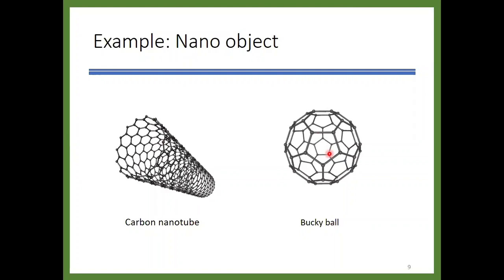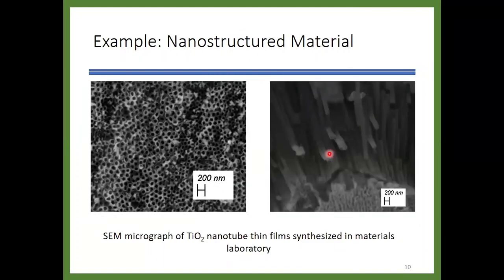And let's see what a nanostructured material is. These two pictures I show you. Can you see in the first picture, there is a line here? We call this the scale bar, and the number here is 200 nanometers.